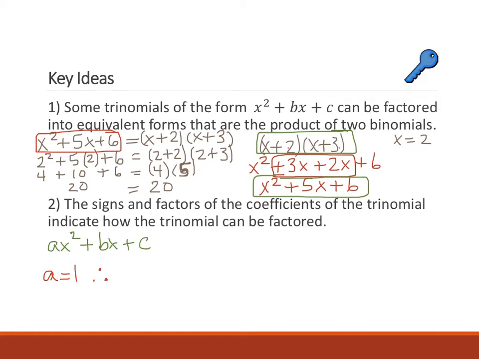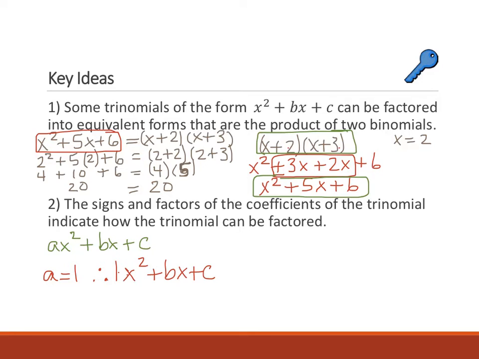Therefore, what I'm really factoring are trinomials of the form x squared plus bx plus c. Since a has a value of 1, the coefficient of the first term will always be a 1, which I'm not actually showing in my multiplication, but I could if I wanted to.